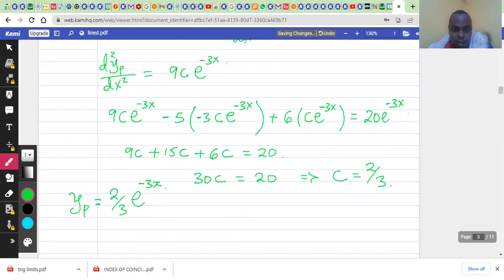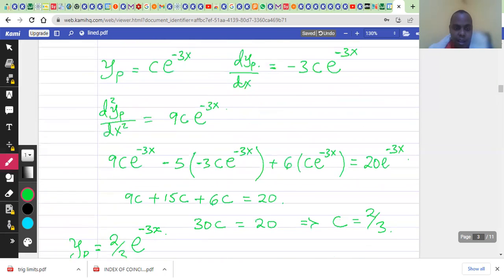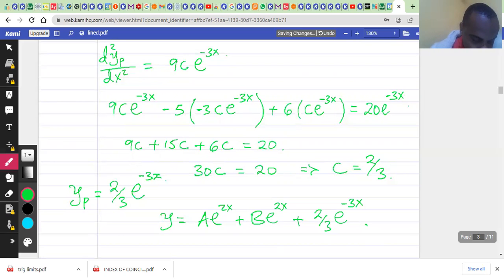And so the solution to this non-homogeneous ODE is going to be the homogeneous solution, A e to the power of 2x plus B exponential 3x, plus 2/3 exponential negative 3x. Okay.